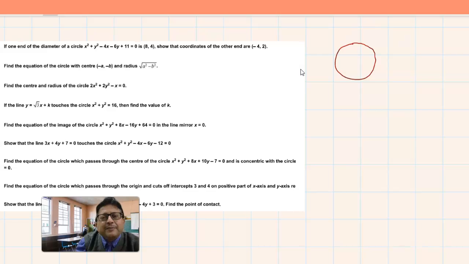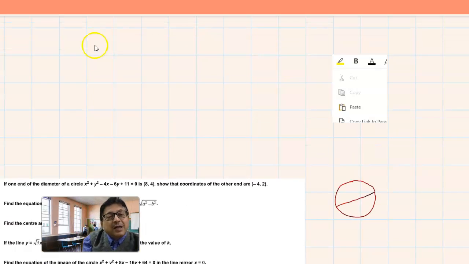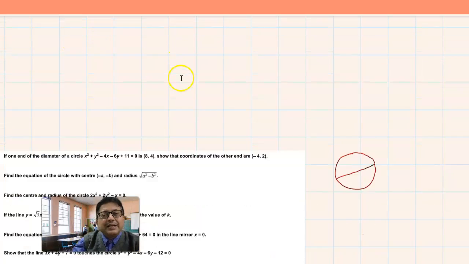Can I use the diametric form of the circle? You can use the diametric form, but there is another easier method. For this sum, x square plus y square minus 4x minus 6y plus 11, we can start with its center and radius.